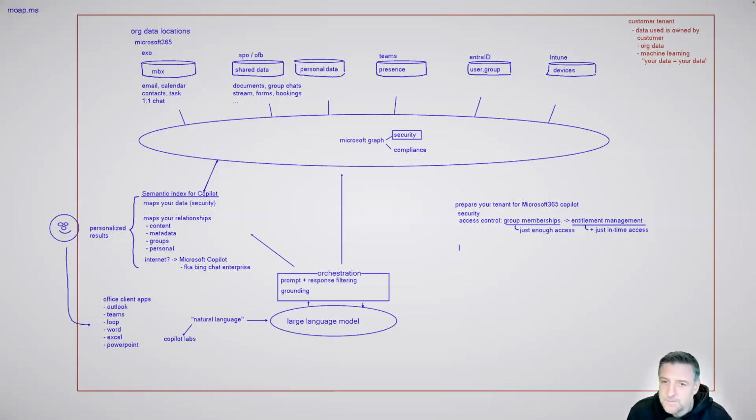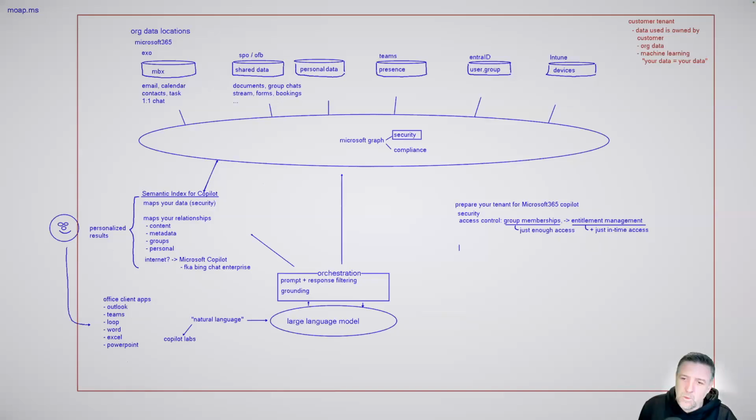However, Copilot and the semantic indexing is such a powerful component that because of that indexing, you may not be aware of access that you have to something that you shouldn't, but because of the indexing part, you may get to know that information.